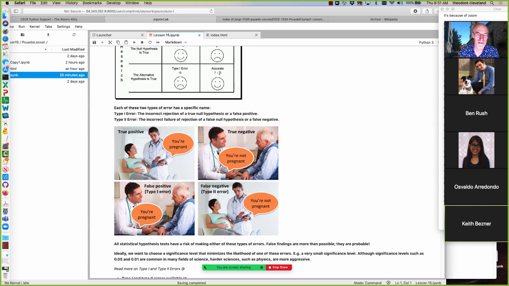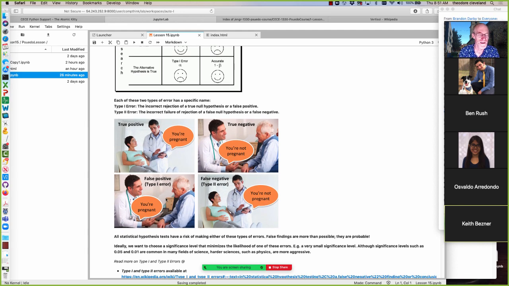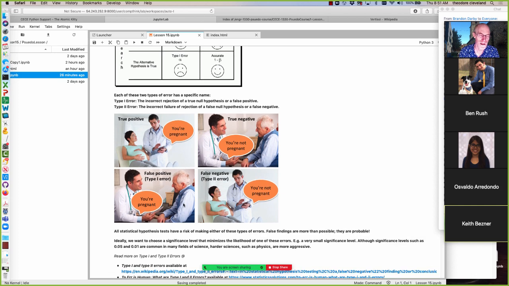Secondly, the doctor didn't even use his iPad. He looked at the man and said, "Yeah, men can't be pregnant, so you're not pregnant, sir." Also a true instance. A type 1 error would be running the program, looking at the gentleman and saying you're pregnant, because on our planet, males don't usually become pregnant. So that would be a type 1 error, a false positive.